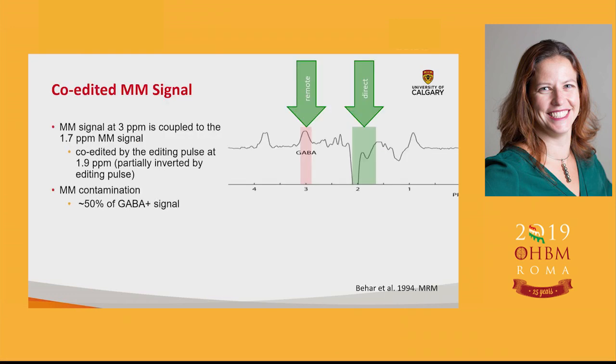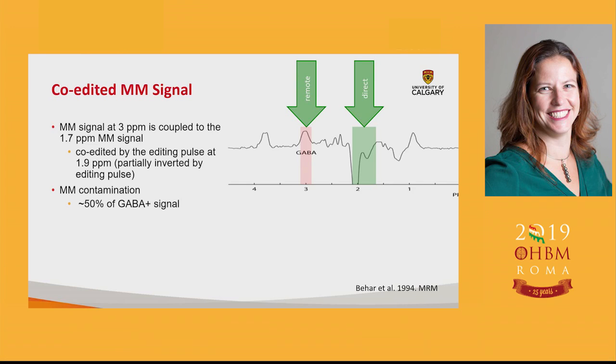The answer is, as you just heard, not completely specific. We've got contamination of that signal, and I've sort of exaggerated here, because where we're applying that editing pulse also hits the 1.9 ppm macromolecule signal. And so this effect of co-editing happens, and we've got contamination of our GABA signal by about 50%.